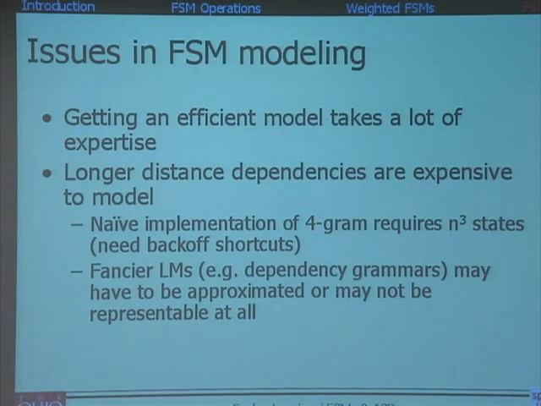The other thing is that using an FSM for longer distance dependencies is kind of an expensive thing. When I was talking about 4-grams, it takes n cubed states in naive implementations. So for dependency grammars, you might have to approximate or do it not at all, or rescore with an FSM. So not everything is going to be able to be shoehorned into this idea either.